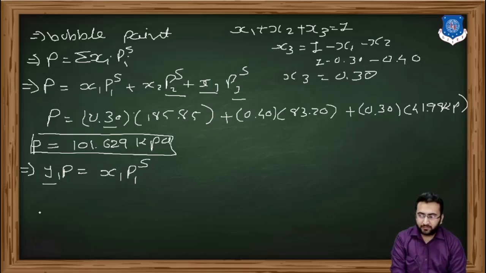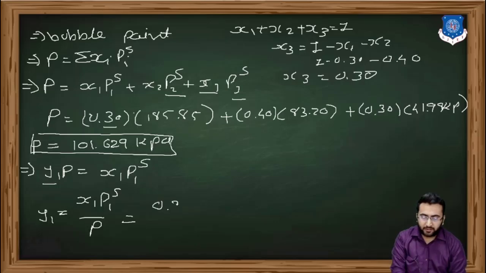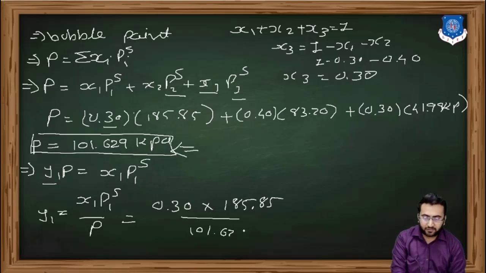So making y1 the subject, this equation becomes x1 P1s upon P. So x1, which is 0.30, multiplied by P1, which is 185.85, divided by the total pressure we already found, which is 101.629. So our answer for y1 is 0.54.